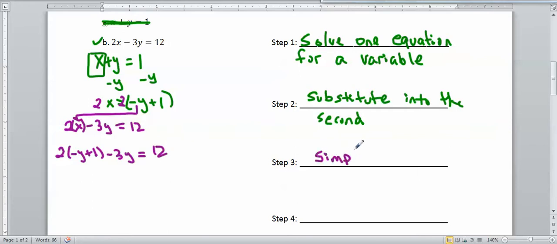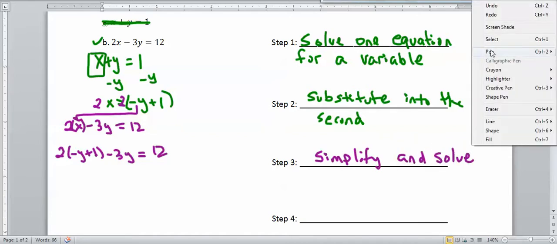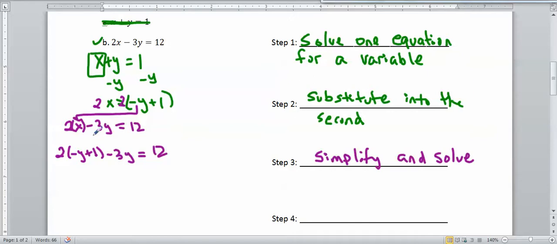The third step is simplify and solve. Once I've got it plugged in, all I've got to do is simplify. So get rid of parentheses using the distributive property. I've got 2 times negative y is negative 2y. 2 times 1 is positive 2. And then negative 3y.